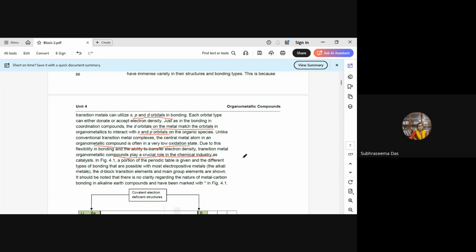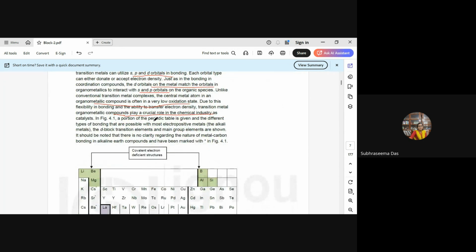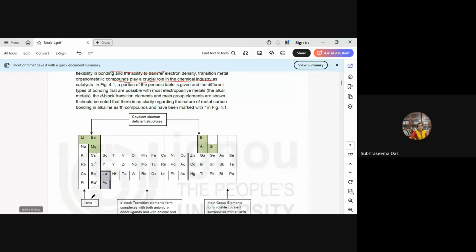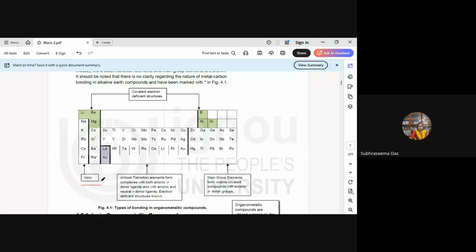Because of this flexibility, the transition metal organic compounds play a crucial role in the chemical industry. Here a portion of the periodic table is given, and the different types of bonding that are possible with electropositive elements and the d block elements have been shown. Here with the group 1 elements, you see the bonding is mostly ionic in nature. Here with group 2 and group 13, it is a covalent structure.